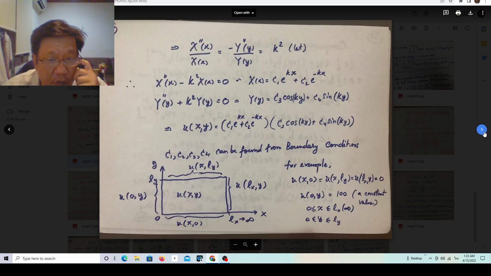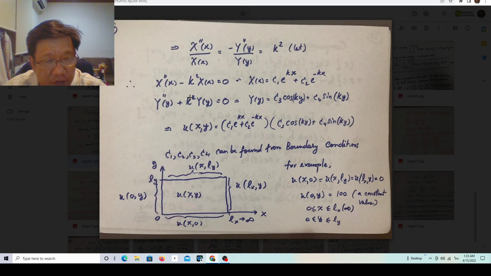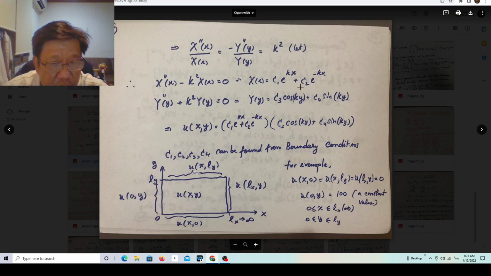With this relationship, you can lead to these two corresponding ordinary differential equations. Once this is equal to k squared, you get these two equations by setting the left hand side equal to k squared and the right hand side equal to k squared, and then you end up having these two ordinary differential equations, and these lead you to this general solution here.